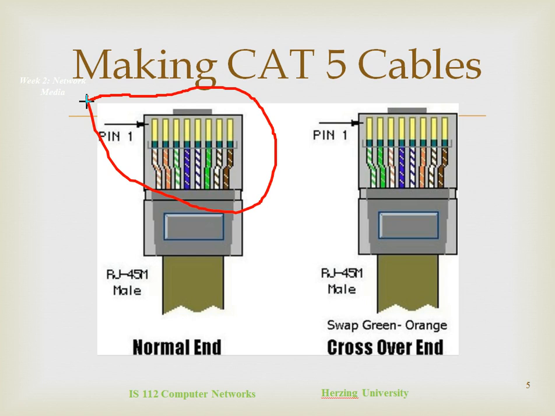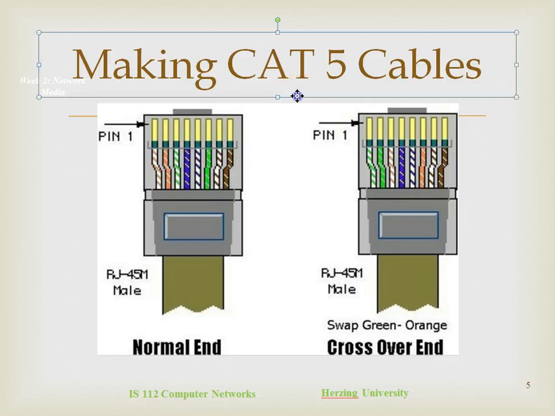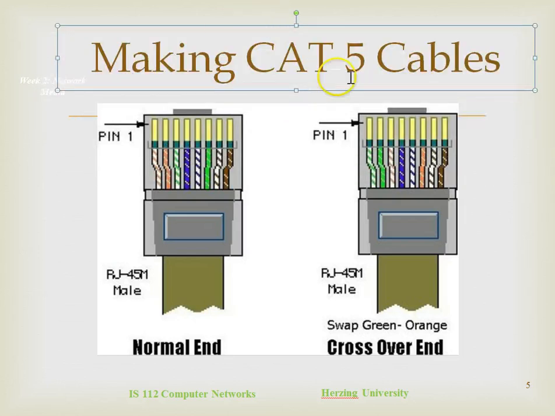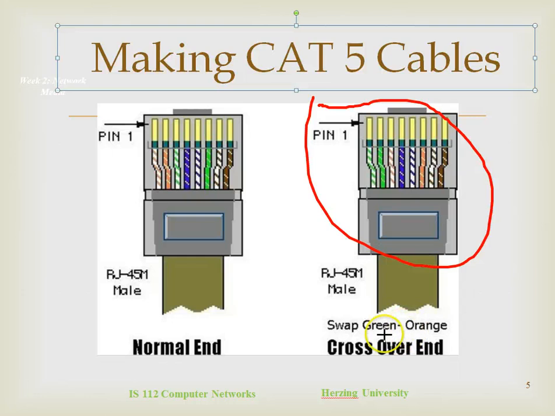The crossover cable. What you'll notice with the crossover cable is that you're swapping the green and the orange. As you can see, this green one right here and this orange one are swapped to make the crossover cable.